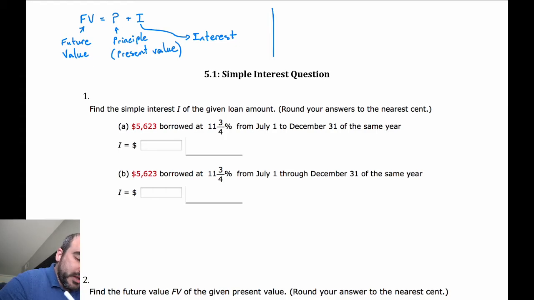And then our formula for interest, the I in that first formula. So this I, interest, is the same as this I. And how we calculate this is P times R times T. And this again is interest, if we're trying to calculate the interest on a loan. This is the principal amount or present value.